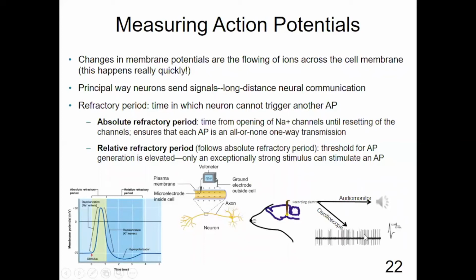This is what a recording looks like, and here you see in the small inset an action potential, and this line here represents 10 seconds of recording. And in this 10 seconds of recording, each vertical line is an action potential, as we've discussed.